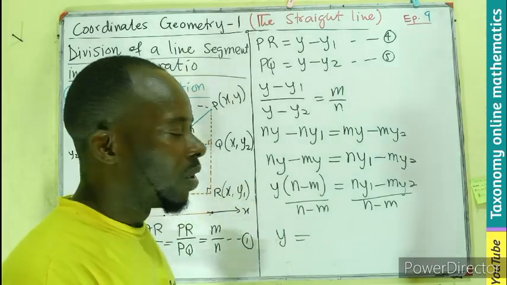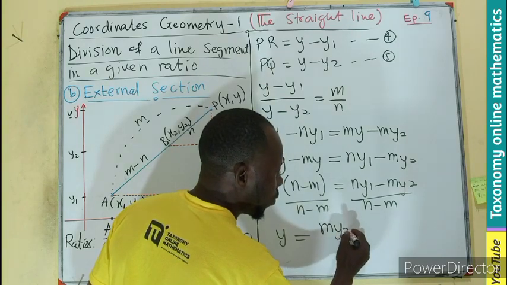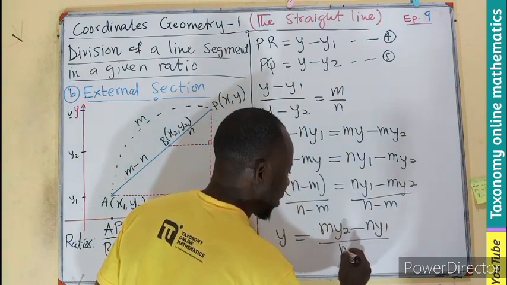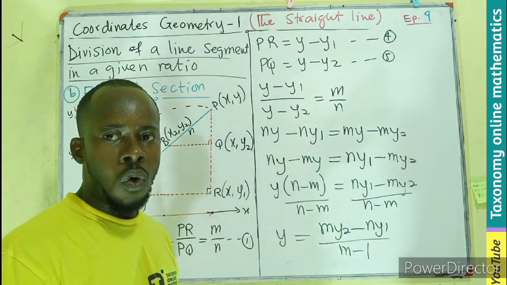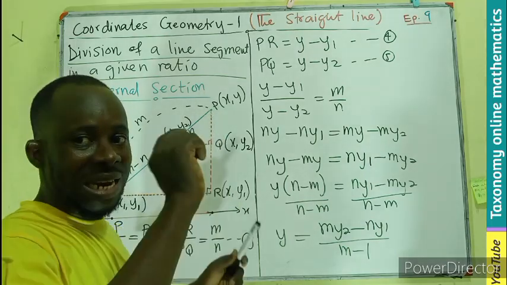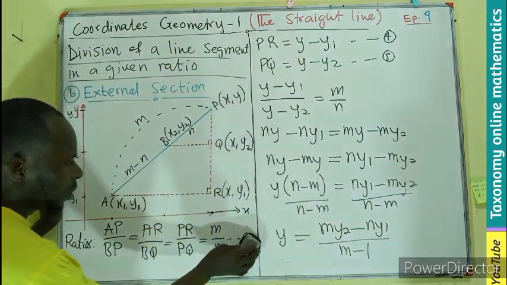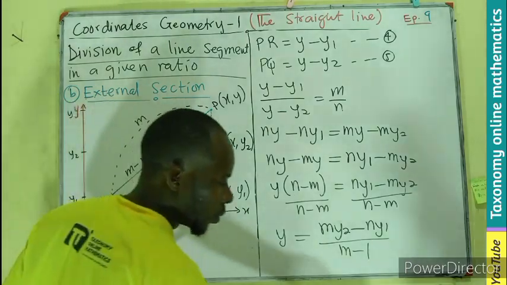Your y will be equal to that. Remember what we did for the x coordinate. We can bring in my2 minus ny1 over m minus n. So that gives us the y coordinate for the point that is extended, the external division. So let's put that together as a generalized formula.